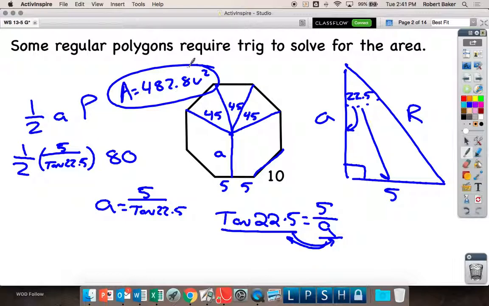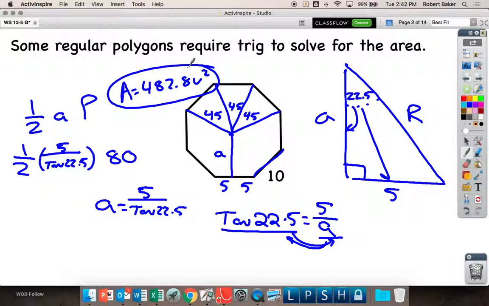How fun is that? And there is no other way to do it. I'm not going to say that because that's not always true. So you have to draw your triangle, and then you have to evaluate which function is correct.